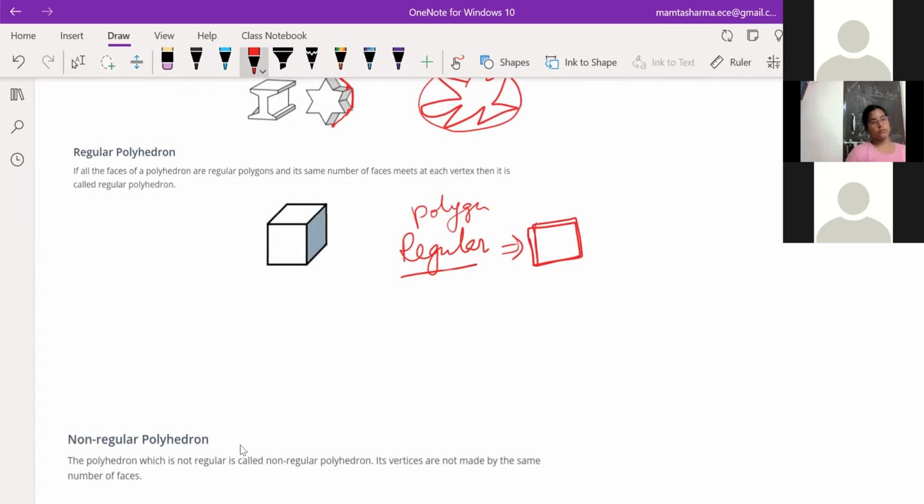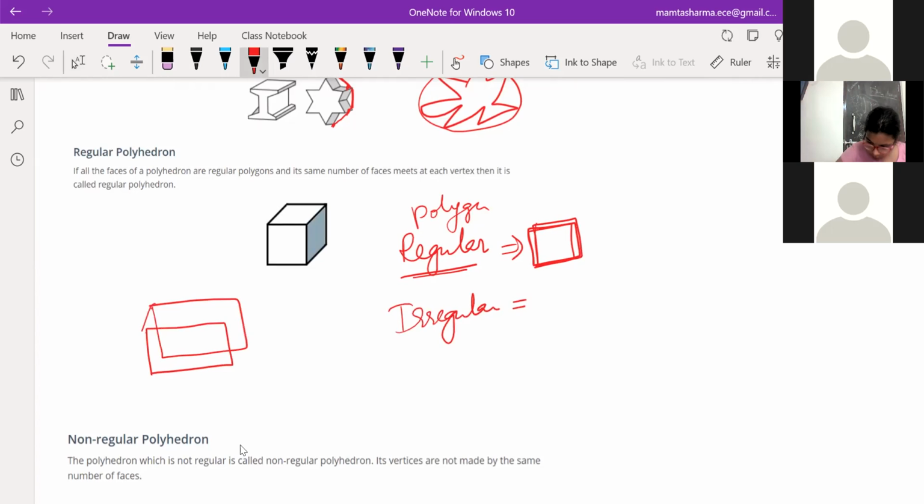If any polygon has all sides equal, then it is called regular. Ma'am, then is a cuboid also regular? No, the sides of a cuboid are not equal. A cuboid is the 3D form of a rectangle, right? And in a rectangle, are all sides equal? No. The length and width are different. So a cuboid will not be a regular type.